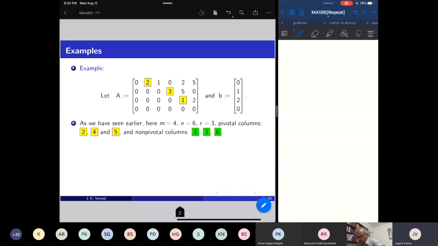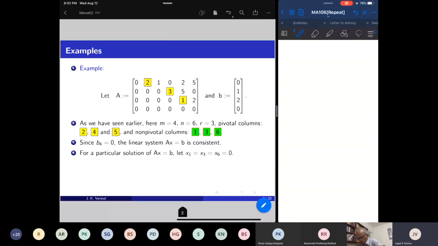There are 3 non-zero rows in this matrix, and there are 3 pivots also. So we have classified the columns into two kinds, the non-pivotal columns and the pivotal columns. This is necessary to do to solve the system. Here B4 is 0. You see the last row of A is the 0 row, and in front of that the B4 entry is 0. Therefore, the consistency condition is satisfied, and so this system has a solution.